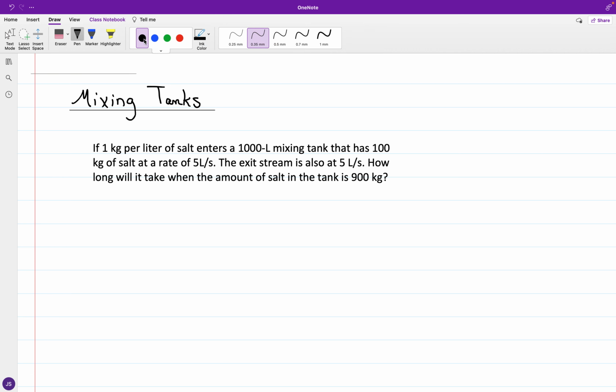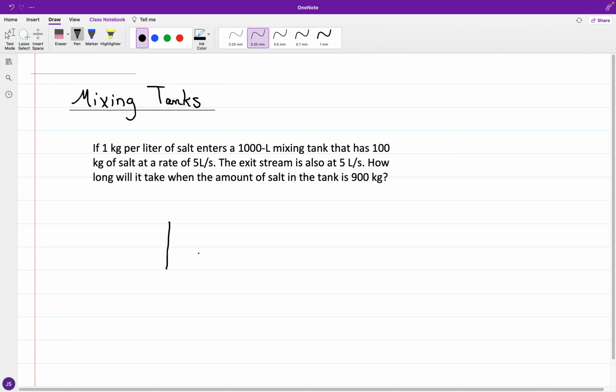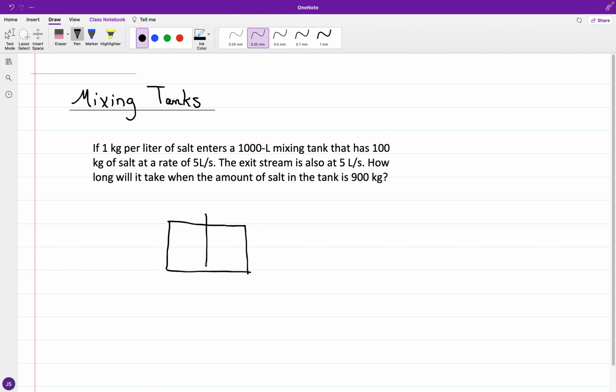Just to give you an overview, with the tank itself, and this is a very crude sketch, like in the case of a mixing tank, you have the entering flow stream at 5 liters per second, and the exit flow stream also at 5 liters per second.